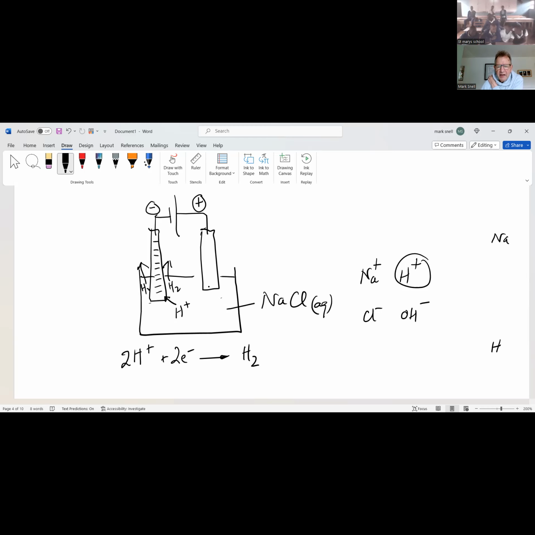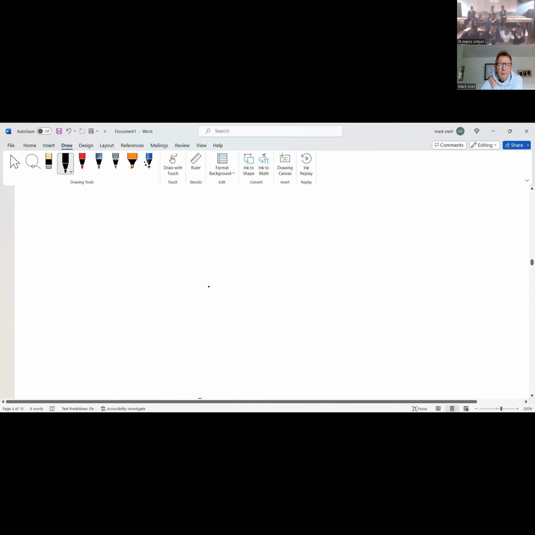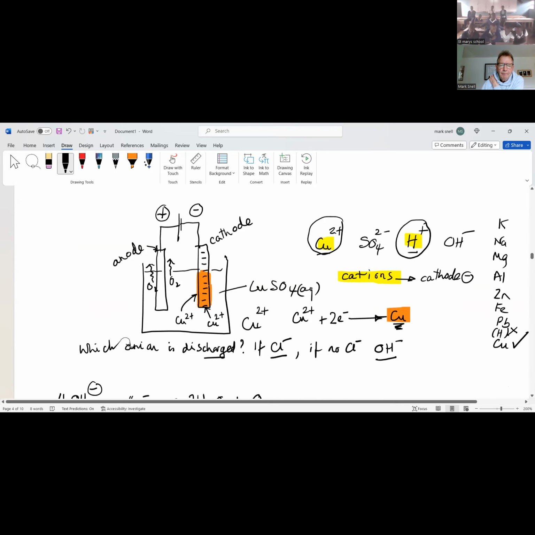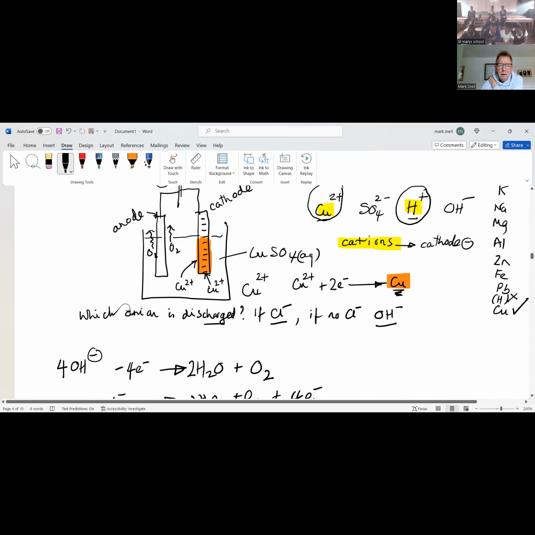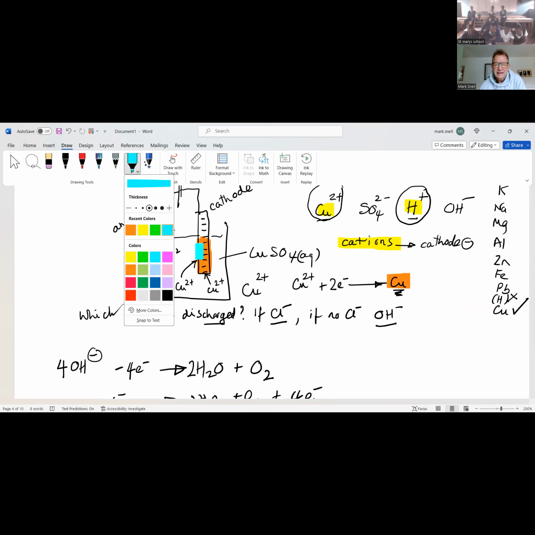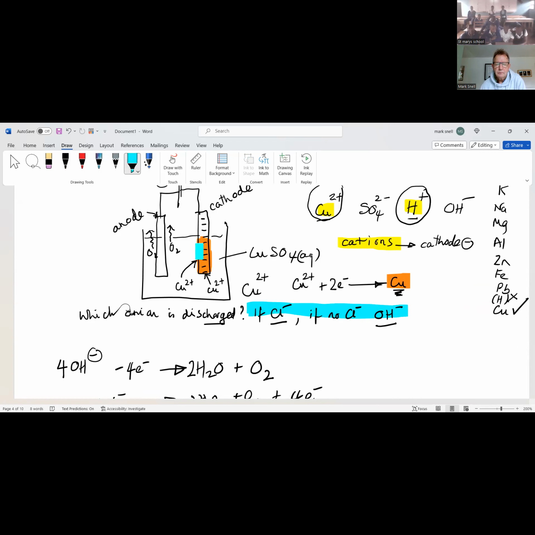What about at the positive electrode? We've got chloride and hydroxide. Here, this is the key bit. If we've got chloride, it will be produced.